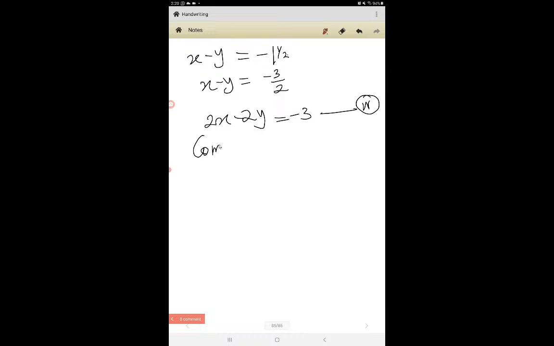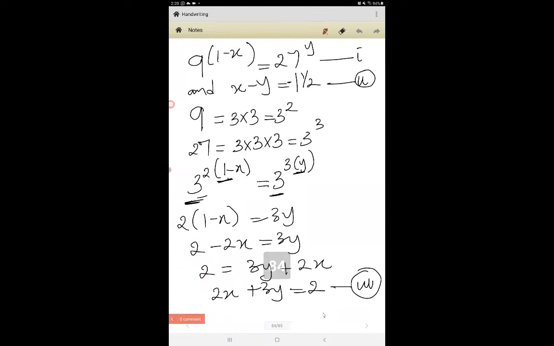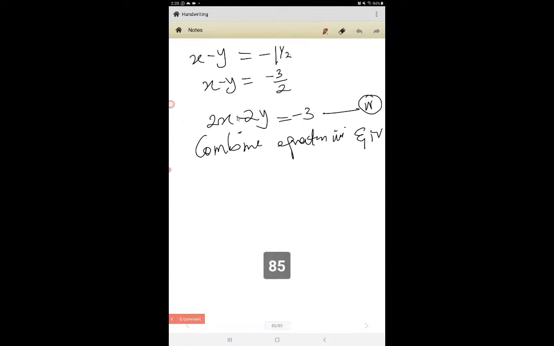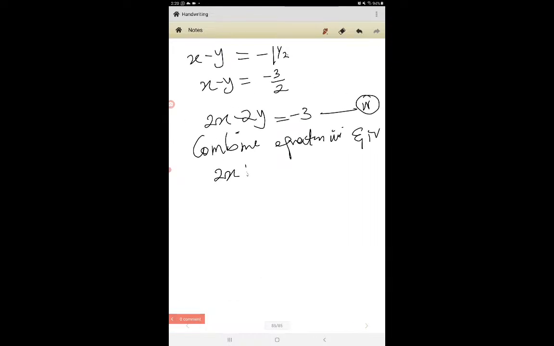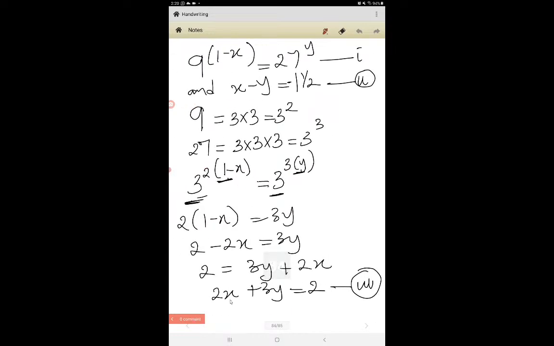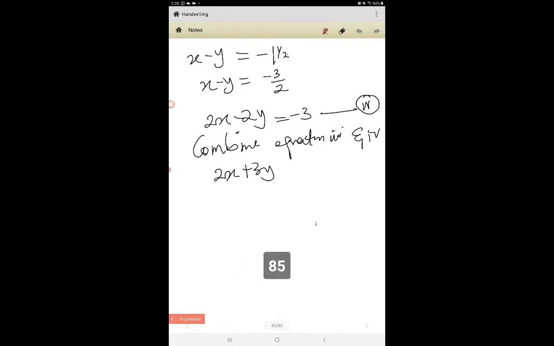Let's now combine equation 3 and 4. If you want to combine equation 3 and 4, equation 3 is 2x plus 3y is equal to 2.